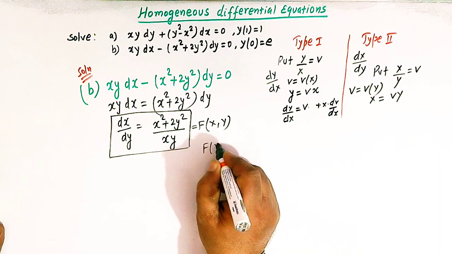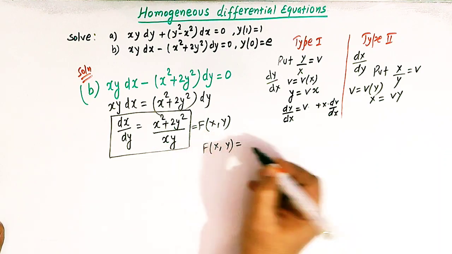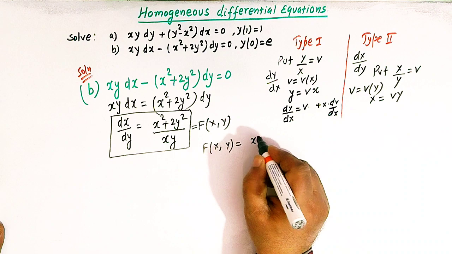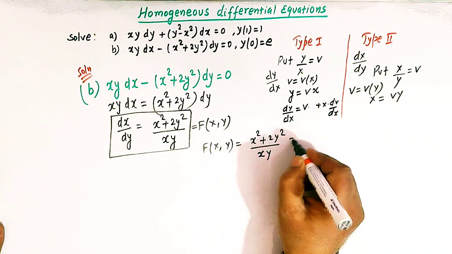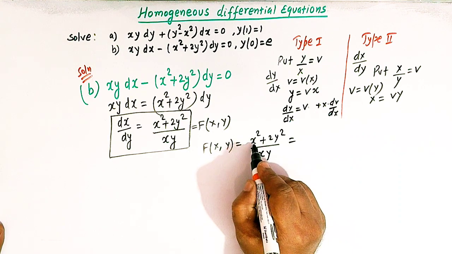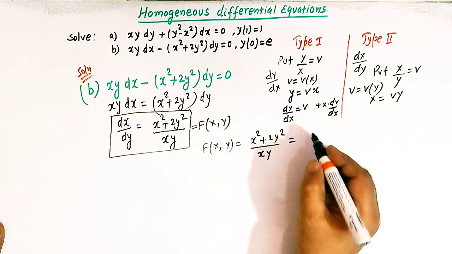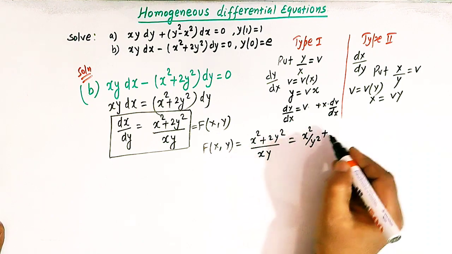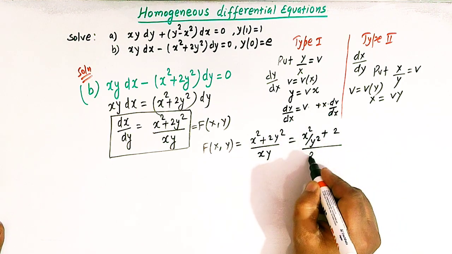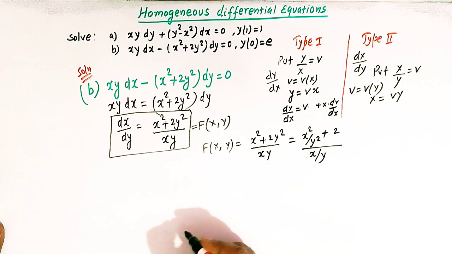So now let us come to this function f of x comma y. So we can now express f of x comma y as (x square plus 2y square) over xy. Dividing the numerator and denominator by y square, we have x square over y square. Here y square gets cancelled, and here we have simply x over y, right?